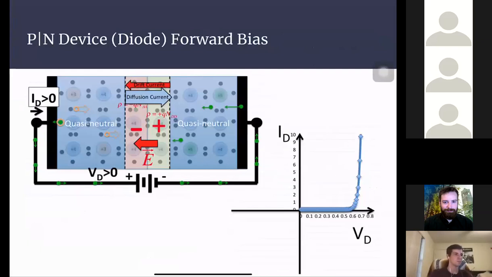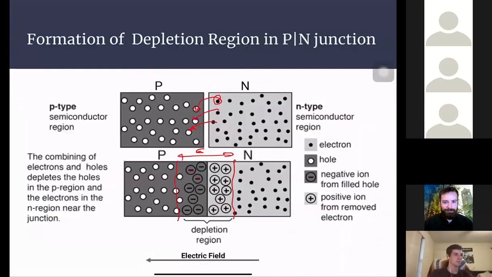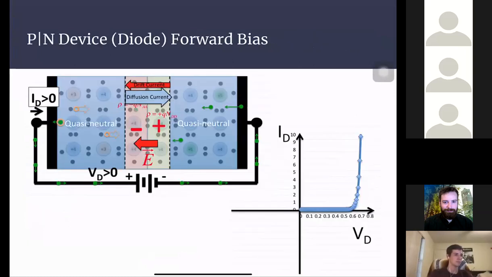This potential prevents any more electrons or holes from moving. But the battery, a power source, reduces this gap and allows more electrons to move from here to here. There are two types of current caused by this: one is called drift current and the other is diffusion current. We'll get to that in later sessions.